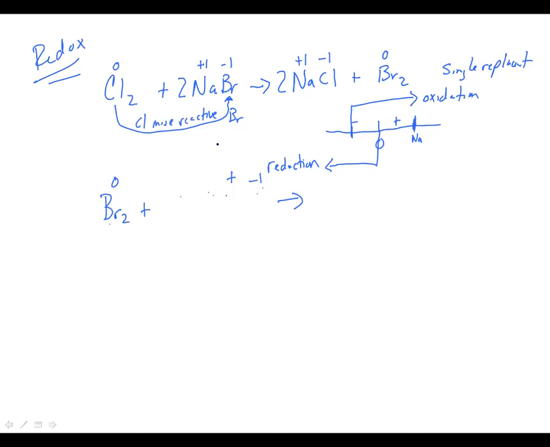Take 2. All right, so sodium chloride. Again, the sodium here is +1 and this is -1. The bromine will try to come in and kick out the chlorine, and this reaction will not take place.